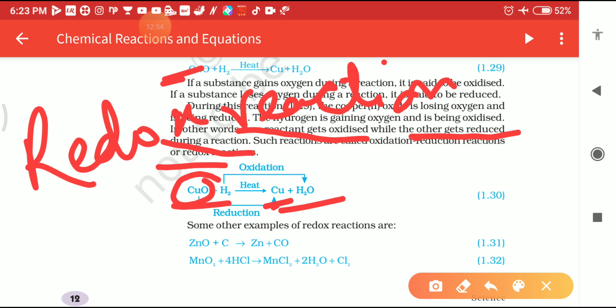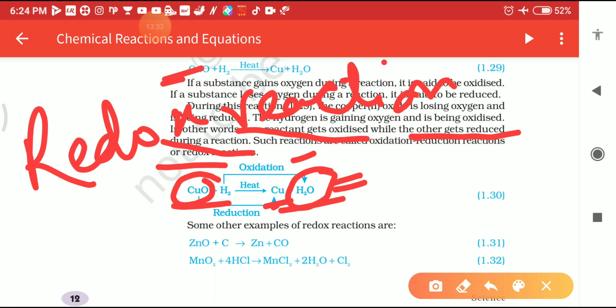Then the second one here is H2, hydrogen. Now here is H2 and on the right side you will see H2O. It means addition of oxygen takes place here, so we can say oxidation takes place. Oxidation means addition of oxygen and removal of hydrogen.